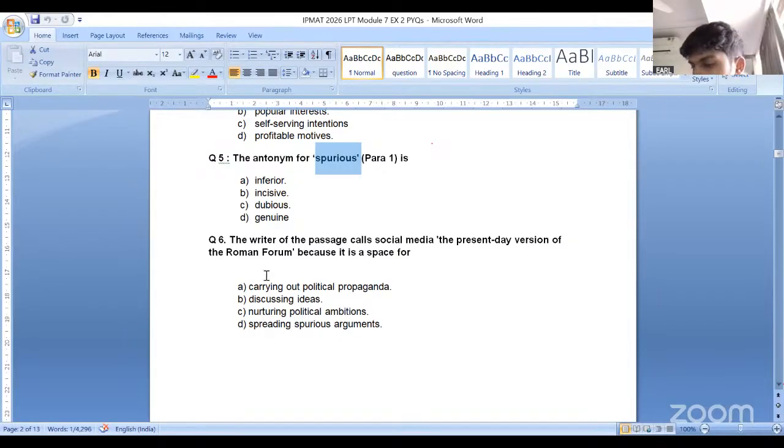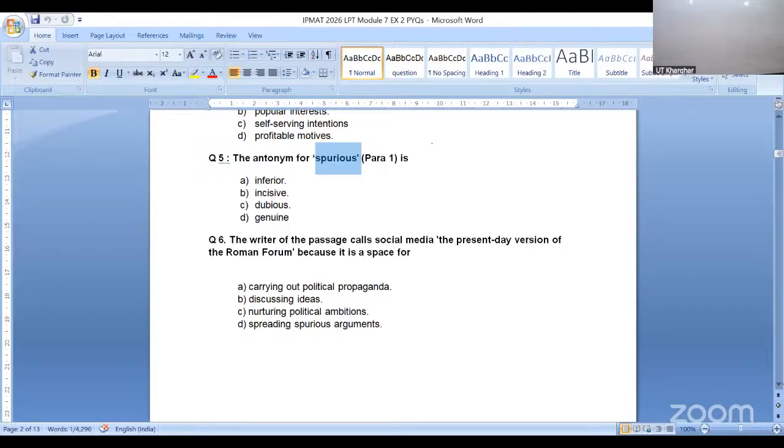Okay, now coming to question 6. Parth, what's the answer to 6? Ma'am, option B, discussing ideas. Okay, you got it. Anushri, question 6, what's the answer? B. Discussing ideas, yeah.